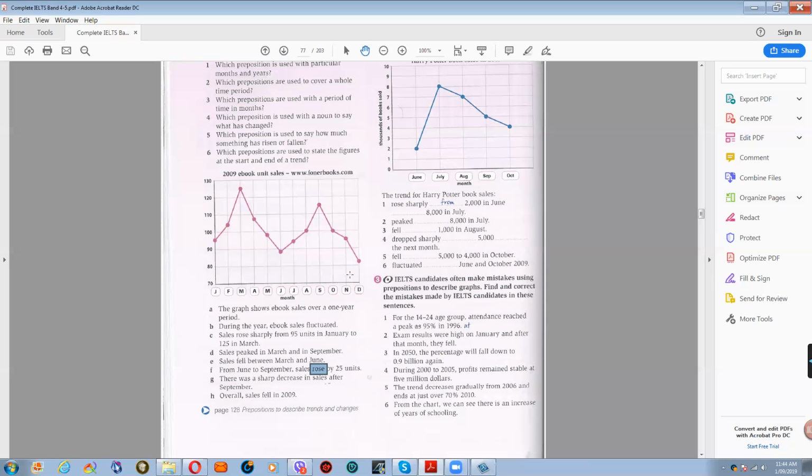Okay. Which prepositions are used to state the figures at the start and end of a trend?